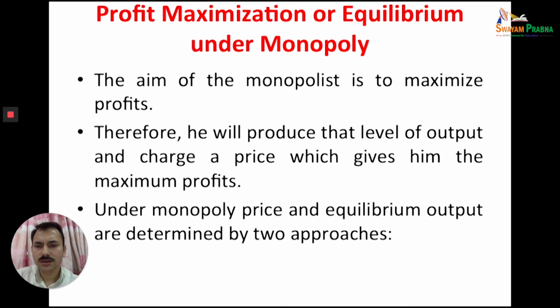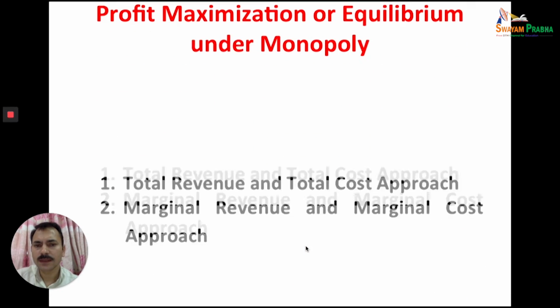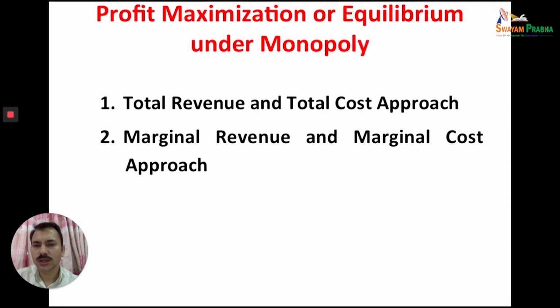Under monopoly, price and equilibrium output are determined through two approaches, like perfect competition. One, the total revenue and total cost approach. Two, the marginal revenue and marginal cost approach. We have already discussed these in the last module also.